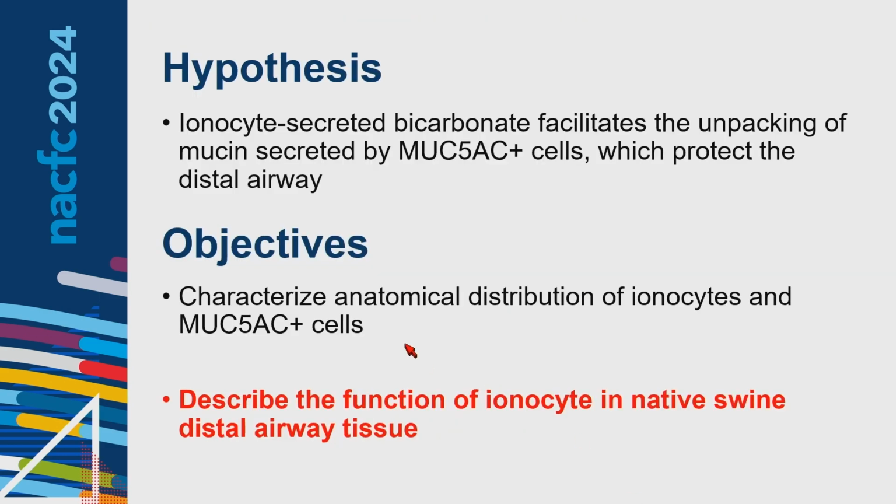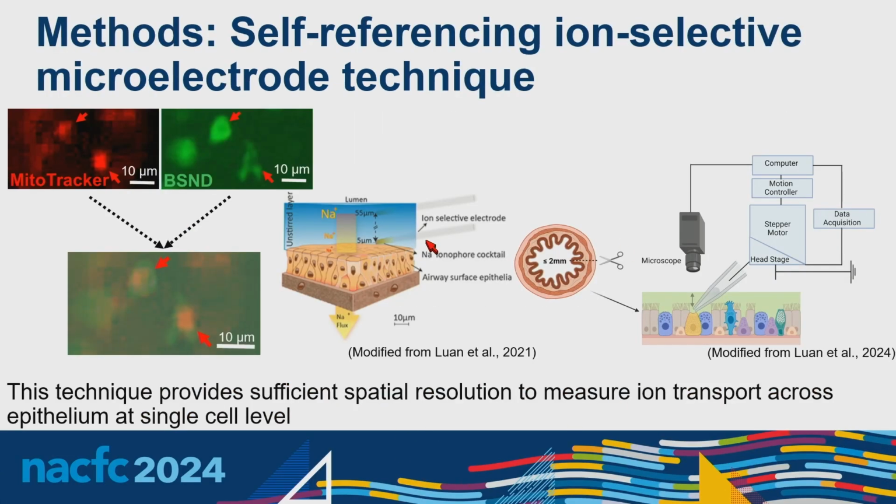The second part of this talk, we want to investigate the function of ionocytes in the native swine distal airway tissue. So how do we find ionocytes in native tissue? We adopted the method that we published in the Blue Journal using pulmonary human bronchial epithelial cell culture.